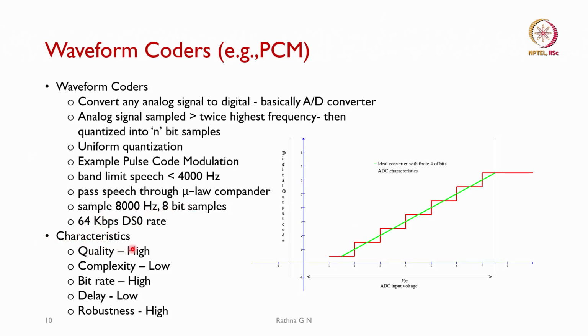The quality is very high, and we know that the complexity of pulse code modulation is low, the bit rate is high, the delay is low, and the robustness is high.